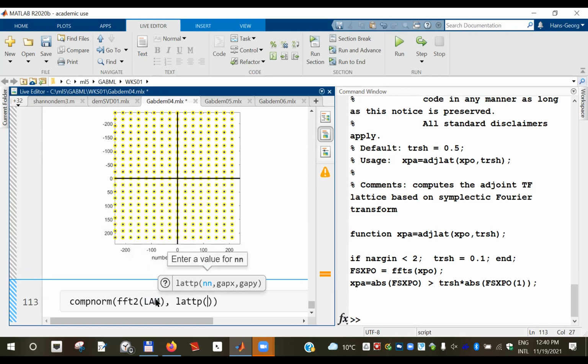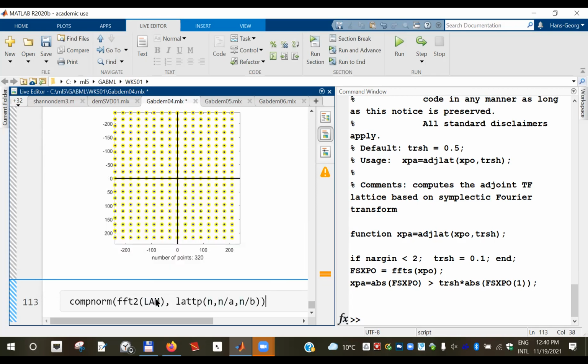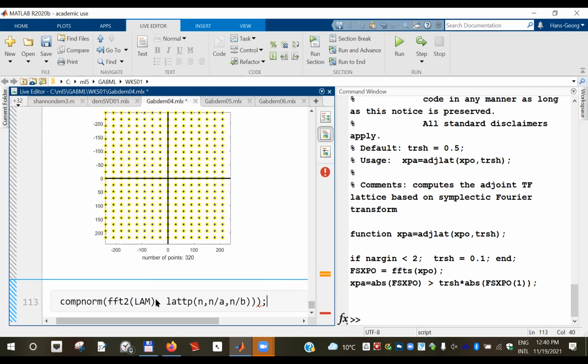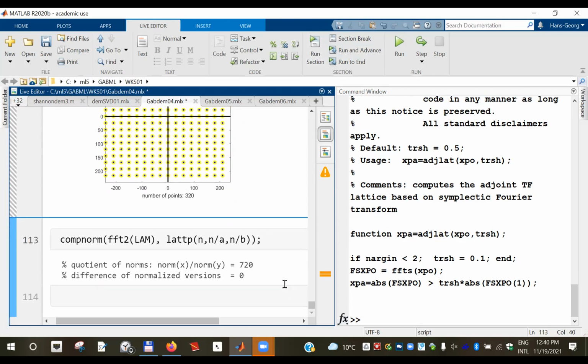And what is the orthogonal lattice in the discrete setting? Well, it's again a matrix of size n, but now with lattice constants n over a and n over b. This is coming from the one-dimensional situation. Let's see if this is true. And the answer is yes, it's true, except for the normalizing factor 720.